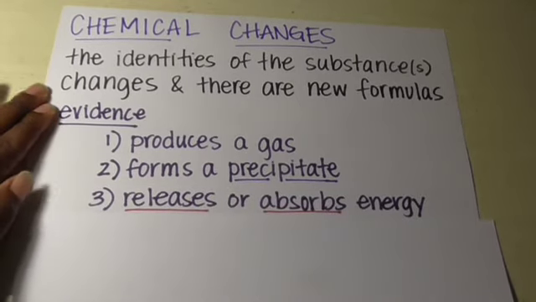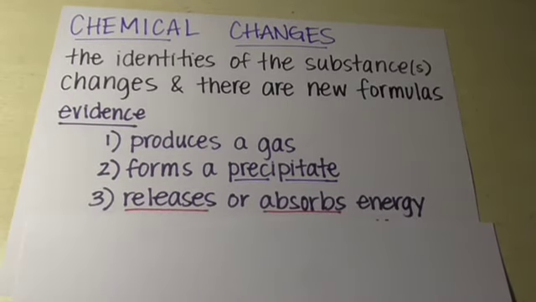Third, it releases or absorbs energy. When something releases energy, the container that it's in feels hot. And when something absorbs energy, the container that it's in feels cold. So if you're doing a chemical reaction and it suddenly gets hot when you mix two substances together, or it suddenly gets cold, that's an example of a chemical change.